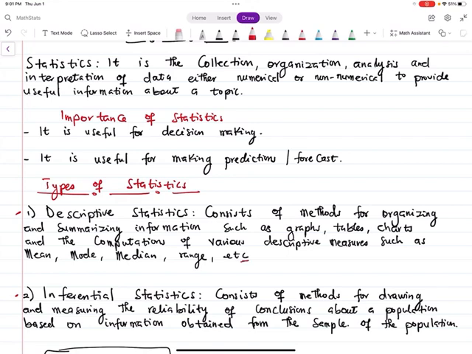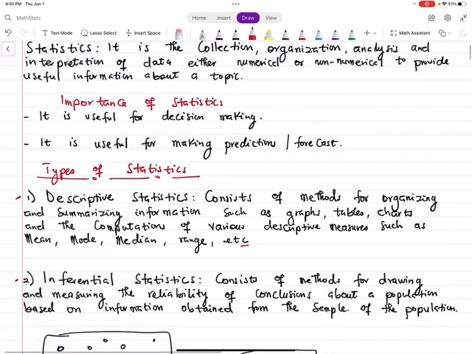And then we also have the inferential statistics. With inferential statistics, it's not every time that we can get all the data about the population. So in such situations, we tend to make conclusions for the whole population based on the sample, and such is called inferential statistics.